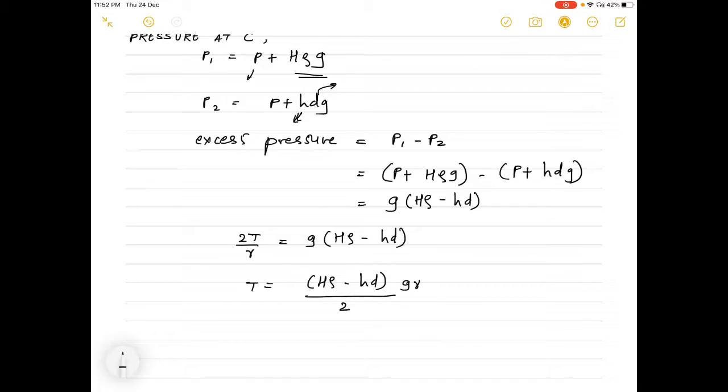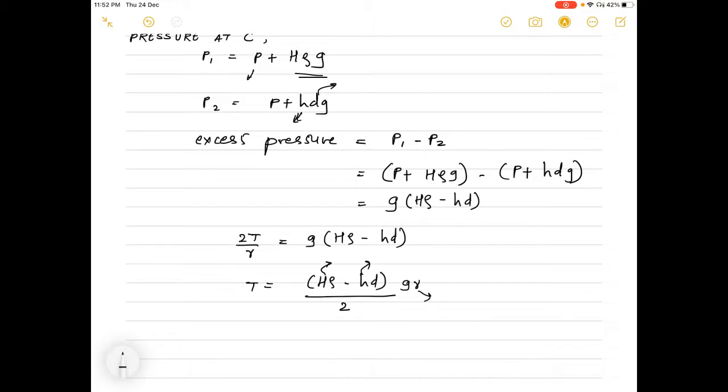So by measuring the height capital H, that is the difference between the two limbs of the manometer, small h, that is how much of the tube AB is inserted inside the experimental liquid, and R, that is the radius of the capillary tube AB inserted in the experimental liquid, we can obtain the value of surface tension of the given liquid.